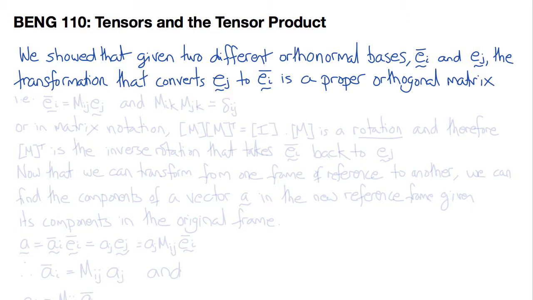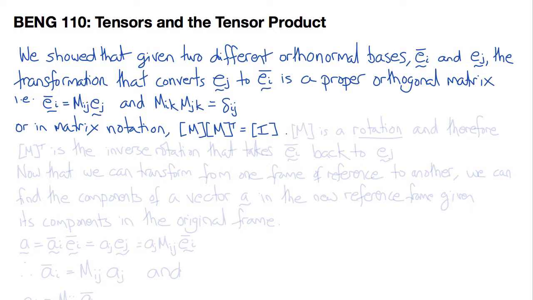And therefore we could write that Ēi is equal to Mij times Ej, where Mij is a matrix of angle cosines, and therefore Mik times Mjk equals delta ij. In other words, M is an orthogonal matrix, or M times M transpose is equal to I.